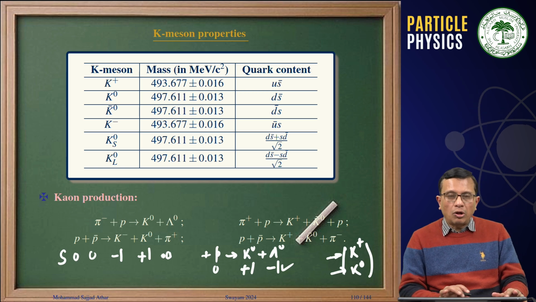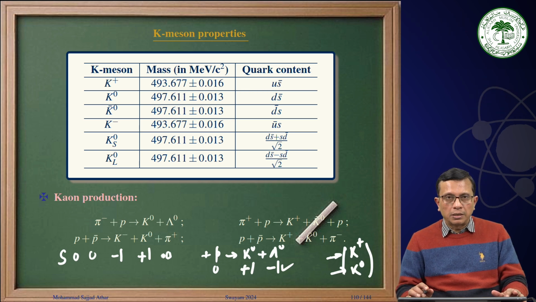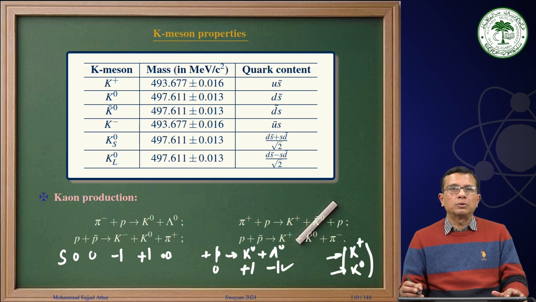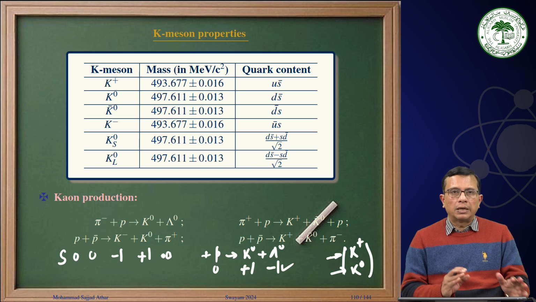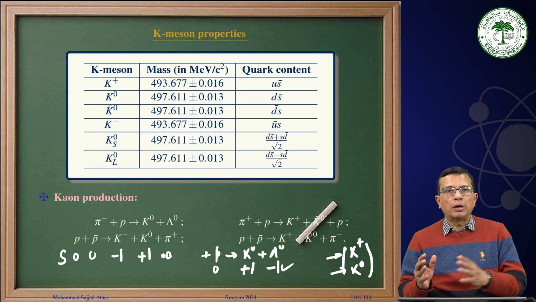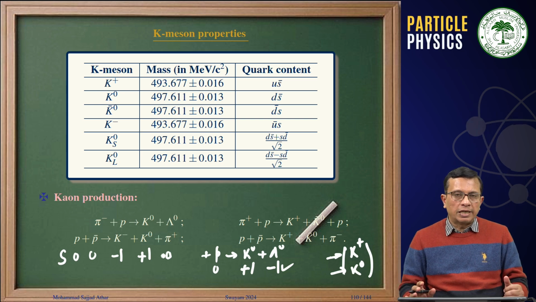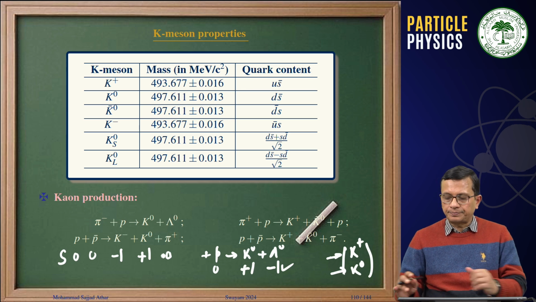Therefore, all these examples written here produce K0 and K0 bar through strong interaction processes. You can also produce K0 and K0 bar through electromagnetic interaction processes and through weak interaction processes. Therefore, the production mode of K0, K0 bar can be all three: strong, electromagnetic, as well as weak.